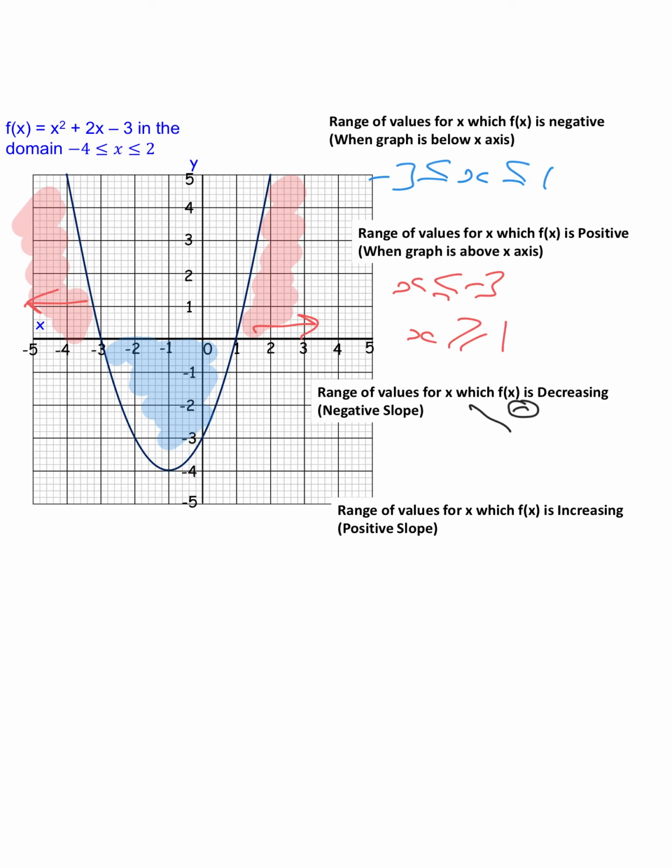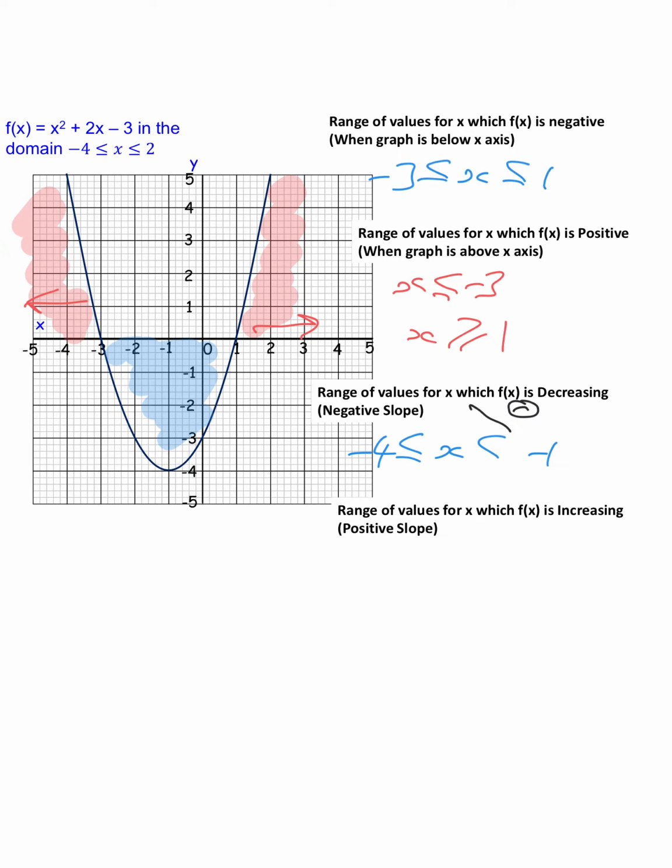So between -4 and -1. Actually, I'm going to change that to just less than -1, because at -1 it's going to have no slope. So between -4 and -1.